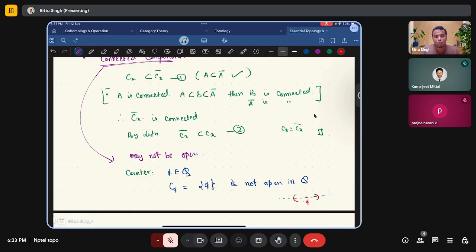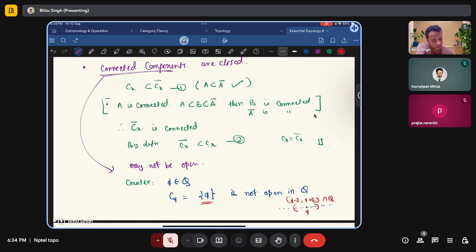What is the definition of a neighborhood in a subspace? A basis element is some interval (q minus epsilon, q plus epsilon) intersected with Q. But this must contain another point. So this set cannot be open in Q. The singleton set cannot be open, because any neighborhood must contain some other rational number. That is the reasoning, so this is the counterexample. Connected components are closed but may not be open.